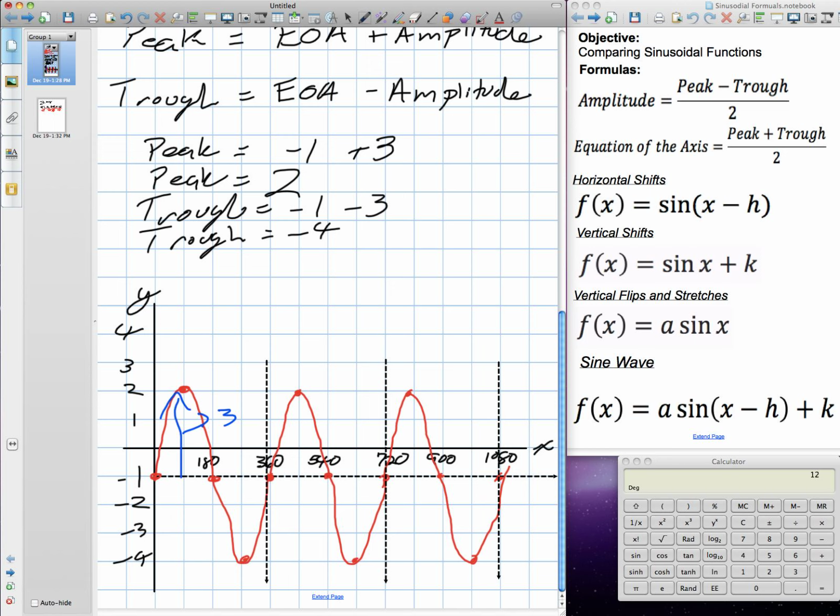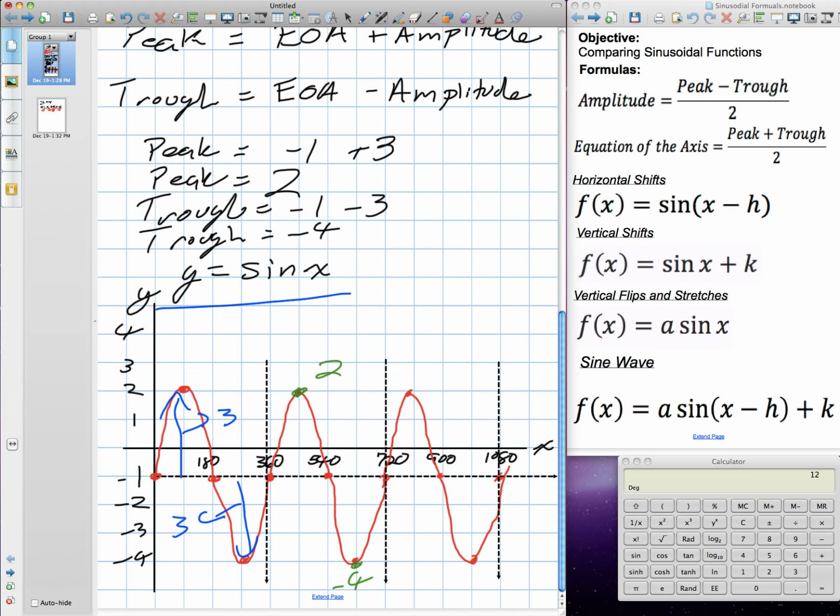Let's talk about amplitude. The amplitude was 3, from the middle to the highest and the lowest points. Our peak was the number 2, and our trough was the number -4. Exactly the things we'd written in the question.